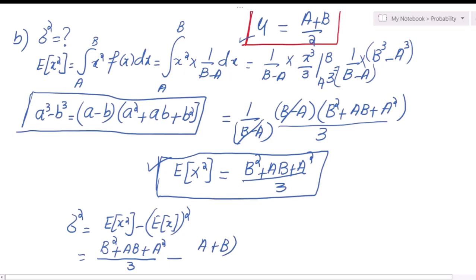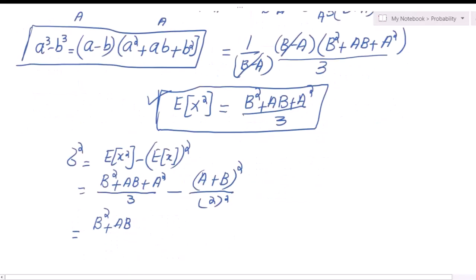Let me simplify it. It would be b square plus ab plus a square, whole divided by 3, minus a square plus 2ab plus b square, whole divided by 4.